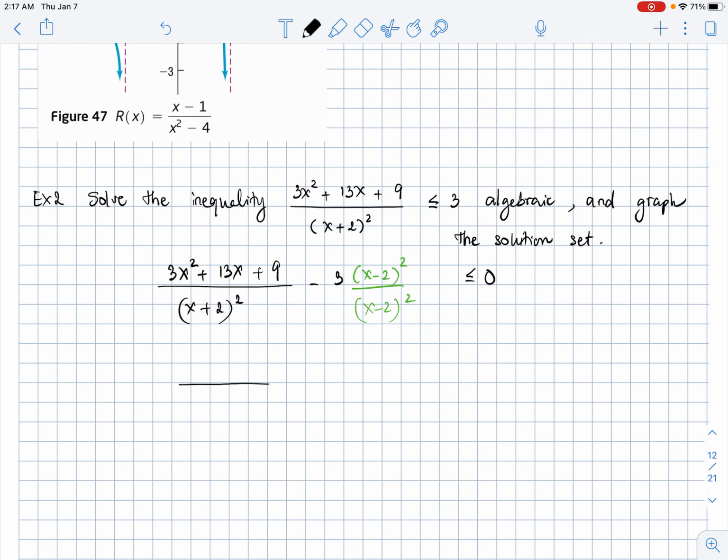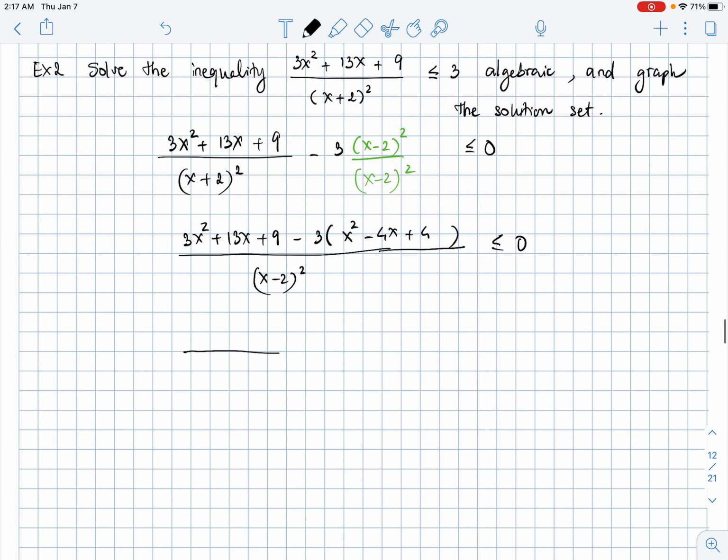So we have the same denominator, x minus 2 squared. Then we will subtract the top. The parentheses we will expand, so we get x squared minus 4x plus 4. And then we will combine like terms.